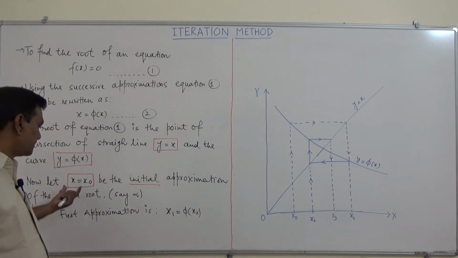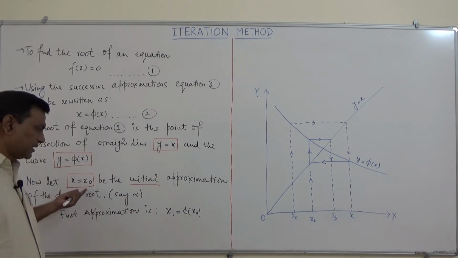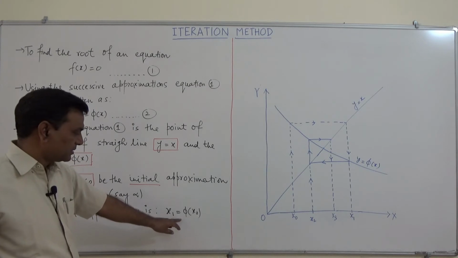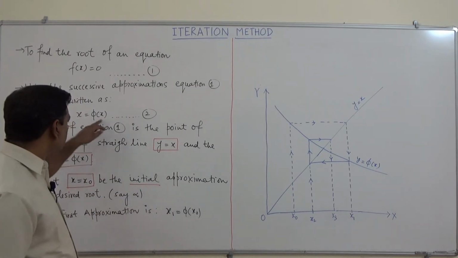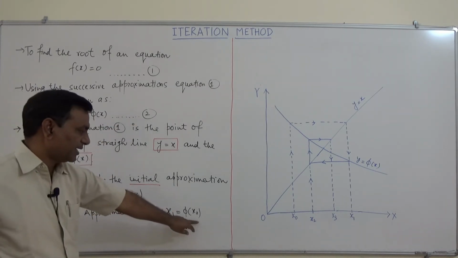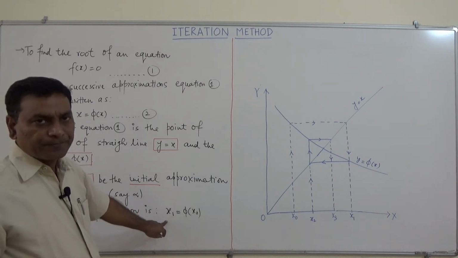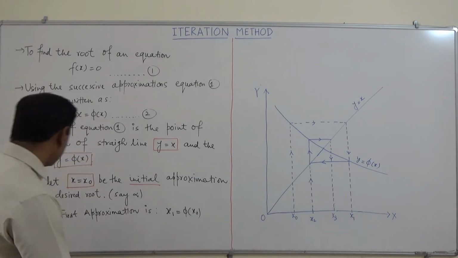After obtaining the value of x0, we put it in equation 2, so this will be phi(x0), and in this way we get the value of x1.